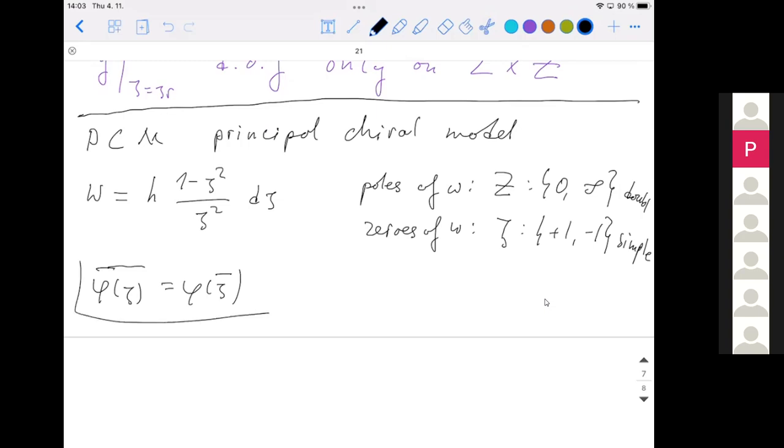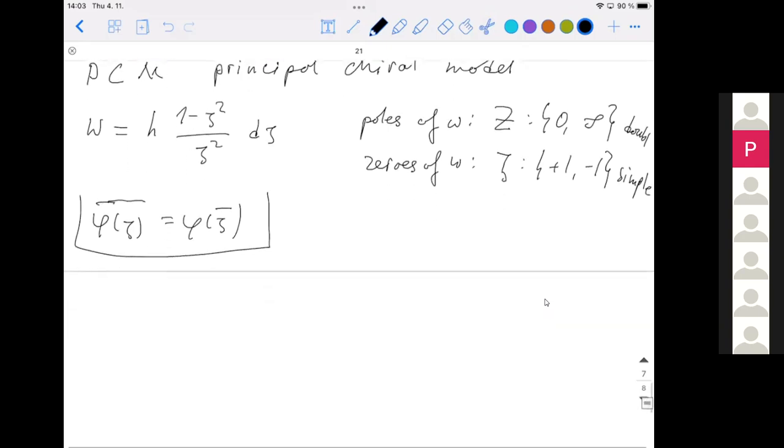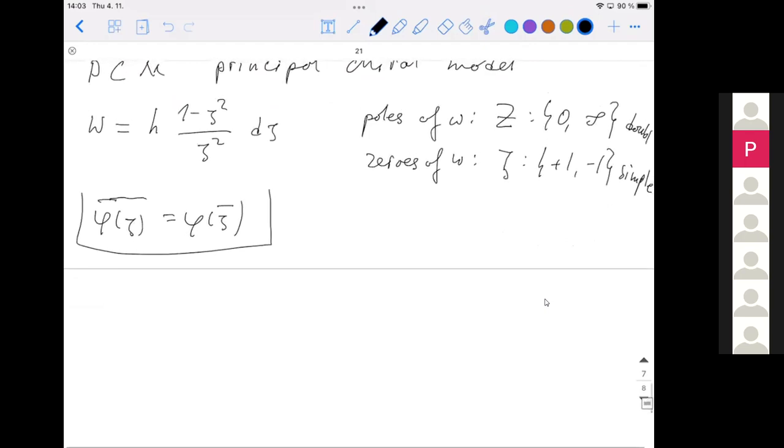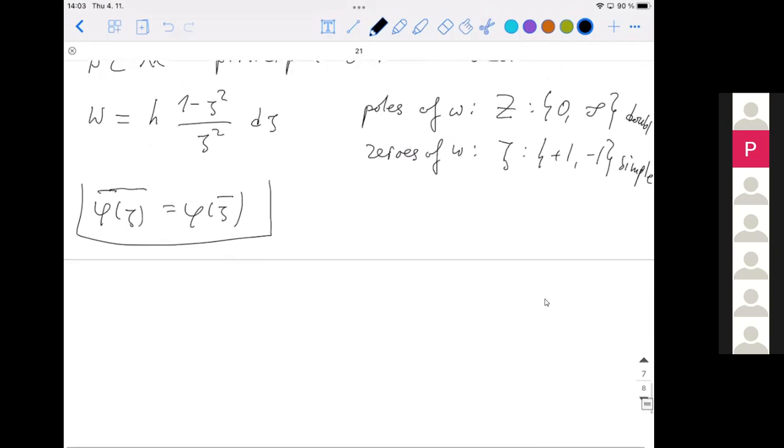So this is the reality condition. So now we need to use the zeros and poles of this omega to produce a two-dimensional integrable field theory.